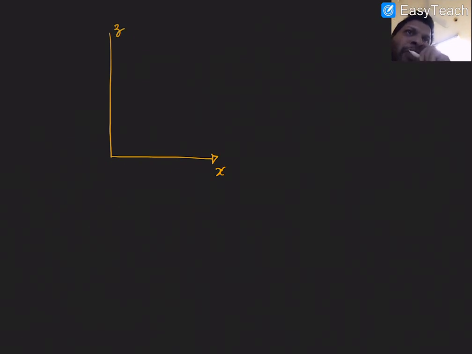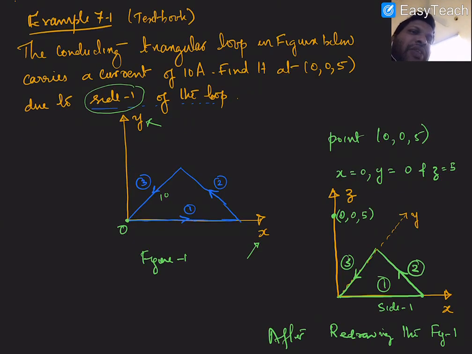Let us consider like this: this is my x-axis and this is my z-axis, because we are focusing only on side 1. If we were focusing on other sides, then we would need the other axis also. So this is side 1, and all the sides are carrying the current. It is given that 10 ampere current is flowing, so everywhere it will be 10 ampere anyway.